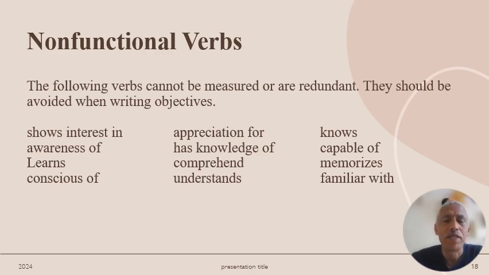Now, there are some verbs that are non-functional. You should avoid using them in writing objectives. These are verbs that don't make much sense. For example, shows interest in. Shows interest in is not a measurable thing. He will show interest, you can't measure it.